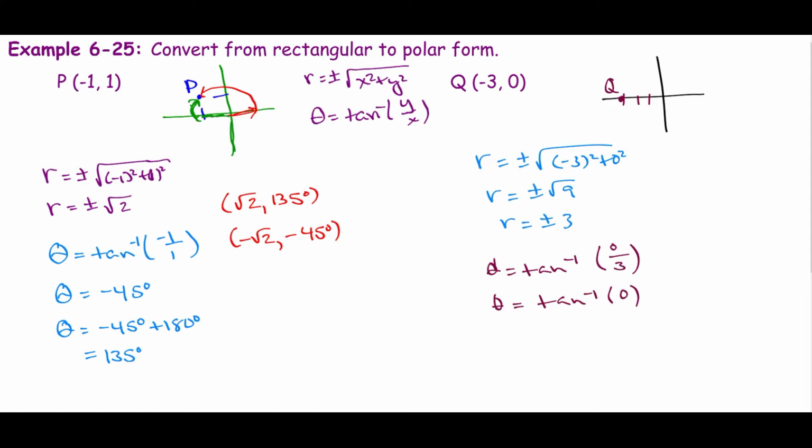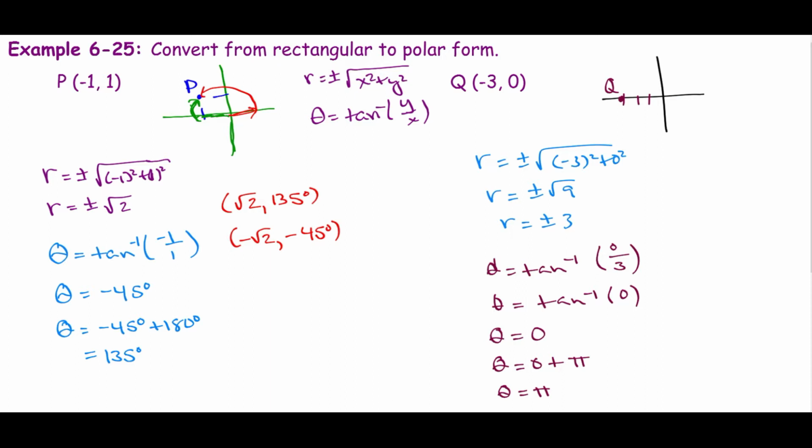This time, if we work in radians, we can think about our circle. Where's my tangent value 0? Well, that happens at 0. Again, I want to find my additional answer, so I'm going to add a half circle. So theta could also be 0 plus a half circle, and since I'm working in radians, that's pi. So I have 0 and pi for my theta value, and I have plus or minus 3.